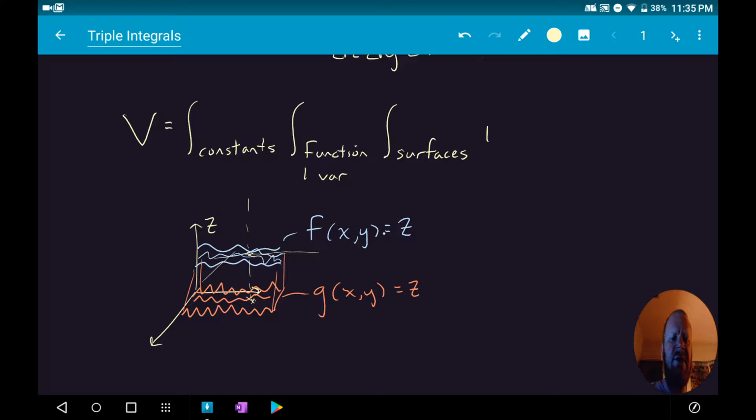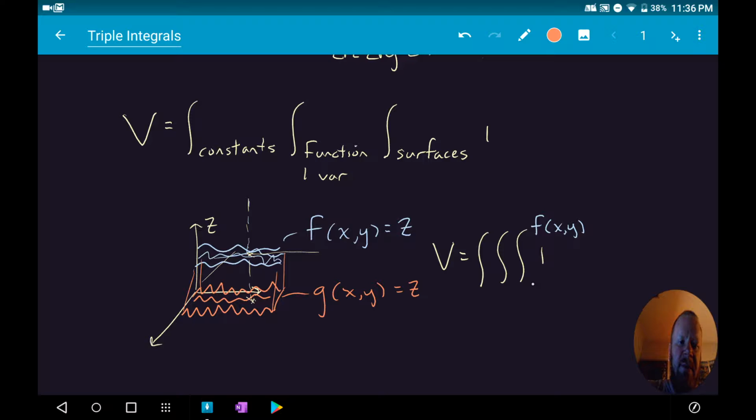You'll see this in the equations that we look at, but if we've got two surfaces where z equals those surfaces, then our volume is going to be some triple integral. In this interior one, I'm going to put my f on top, because that's the top surface.